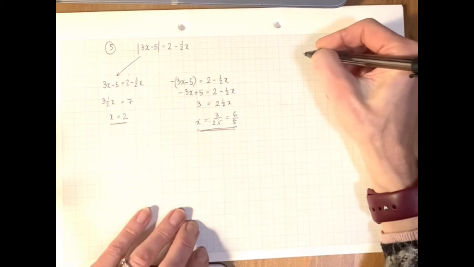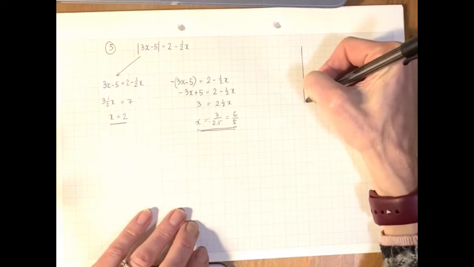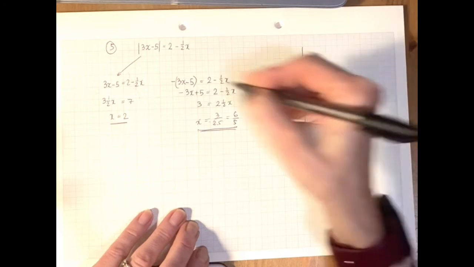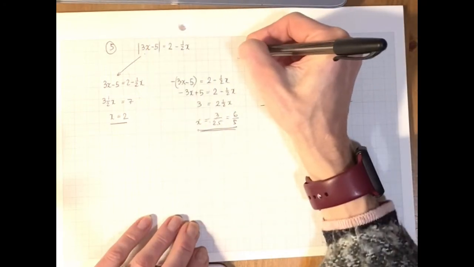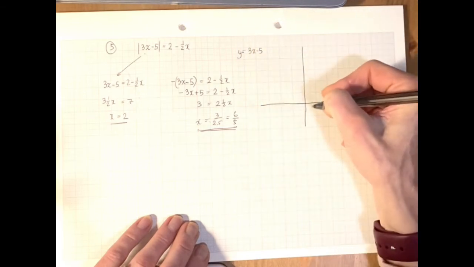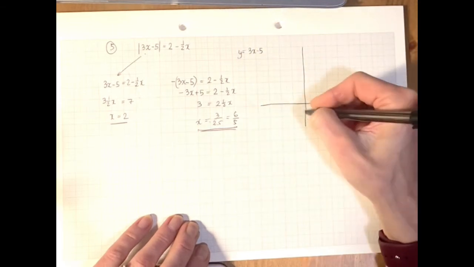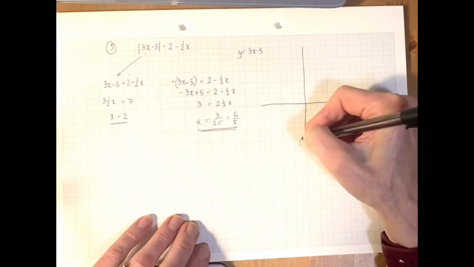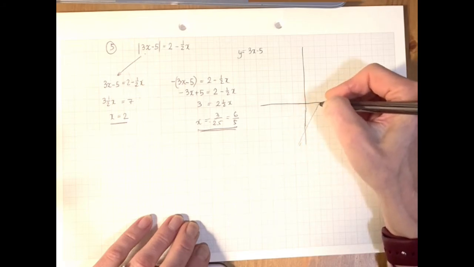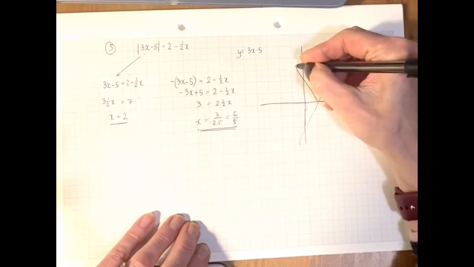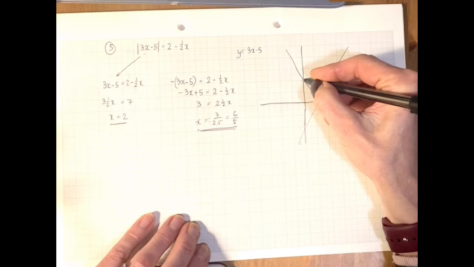If you wanted to have a look what it looks like when you sketch it, because it's important that you practice sketching as well, you would have to draw the line y equals 3x minus 5 and reflect it in the x-axis. So it's the line with a positive gradient of 3 but goes through minus 5. There you go. We're going to straight away reflect the bits that are under the x-axis.